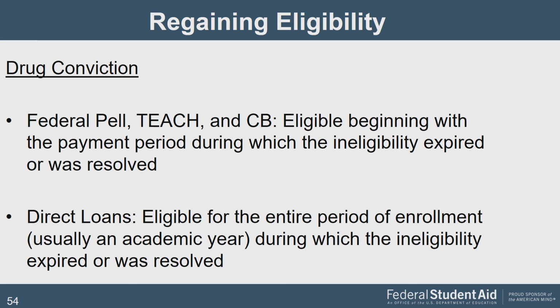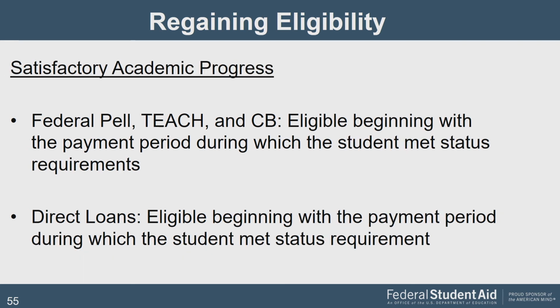When it's resolved, they are allowed to receive funds for that entire period. When we're talking about SAP, again, as soon as the student meets the requirements for SAP status, they are eligible to receive their funding. Okay, we're talking about the payment period for Pell, TEACH, and campus-based. We're talking about the payment period as well for direct loans here.